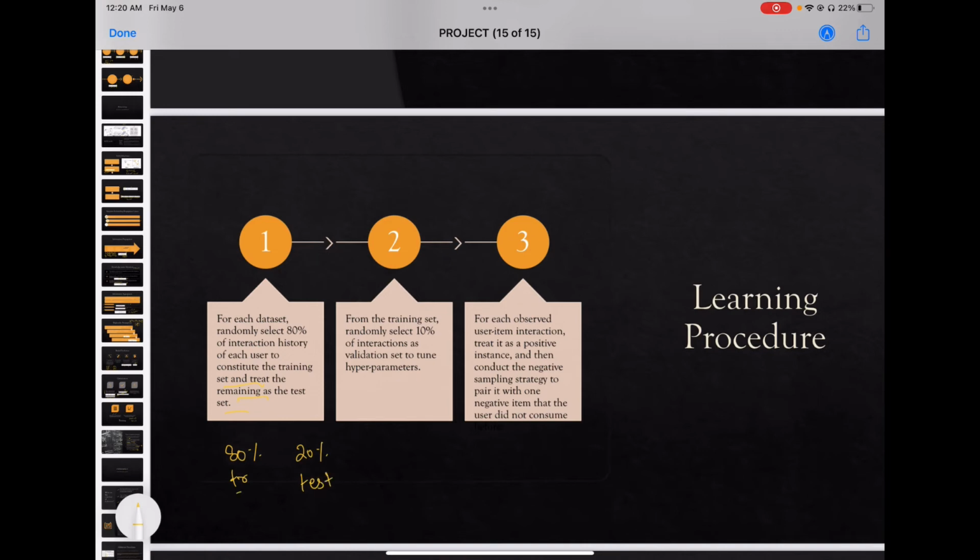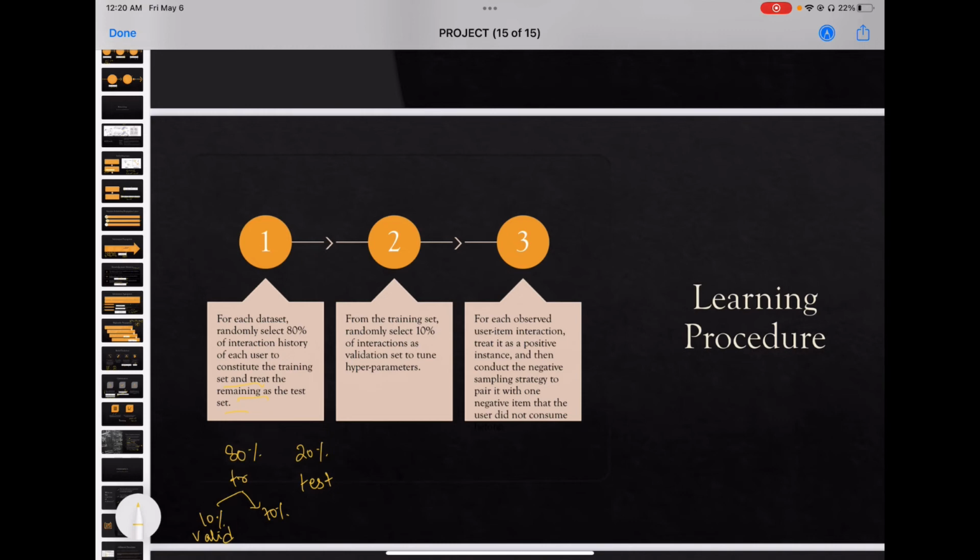In this training set, 10% is taken as the validation set to tune the hyperparameters, and the rest, 70%, is used to train the model. For each observed user-item interaction, it is treated as a positive instance, and then a negative sampling strategy is conducted to pair it with one negative item that the user did not consume before.